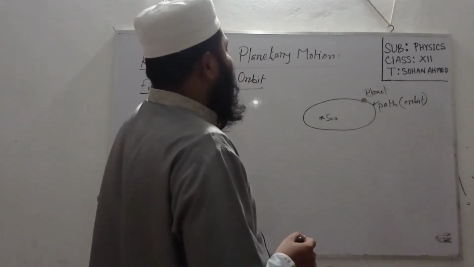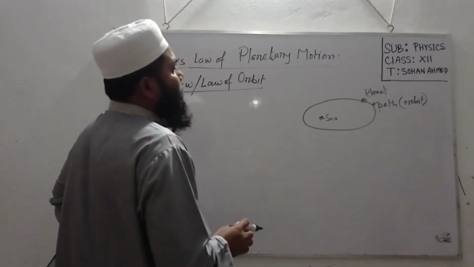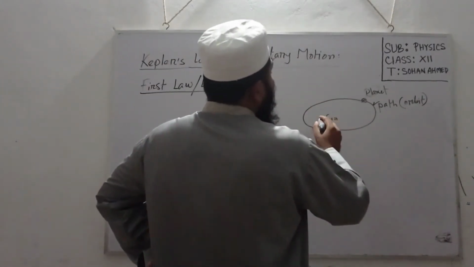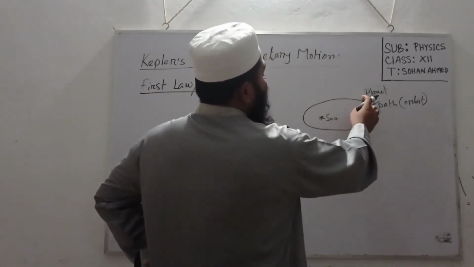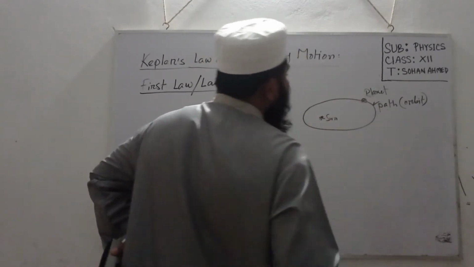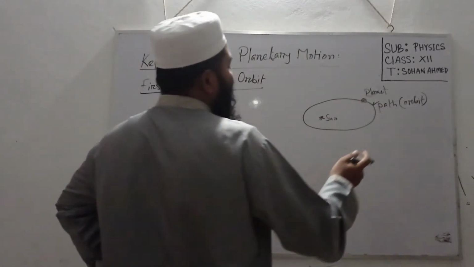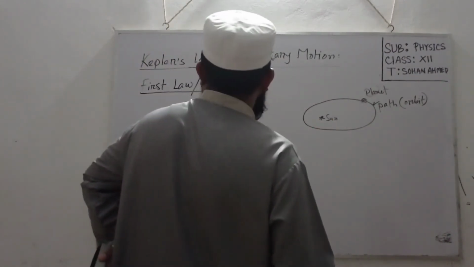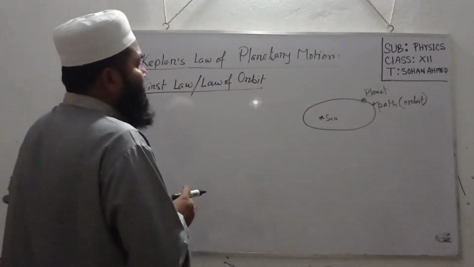So this is the first law. All planets move around the Sun along elliptical orbits having the Sun at one focus. So this is the first law.